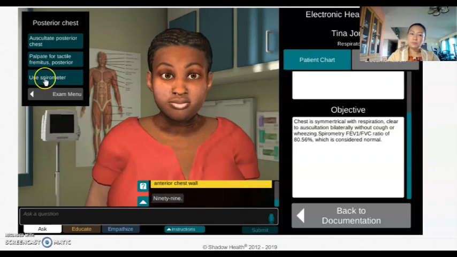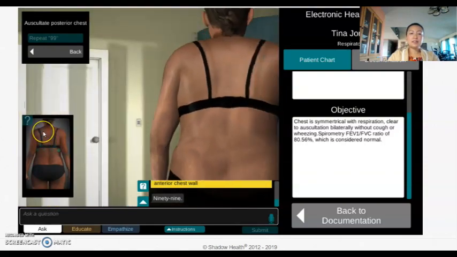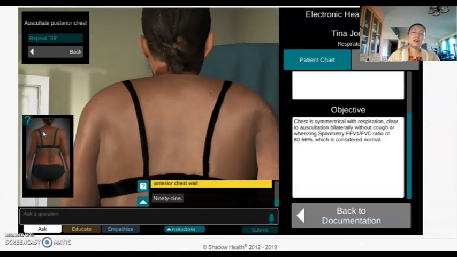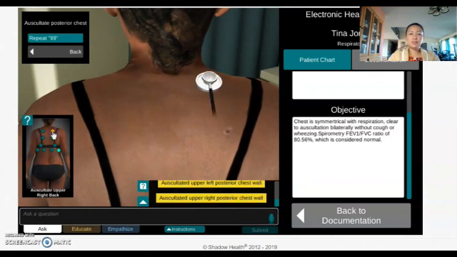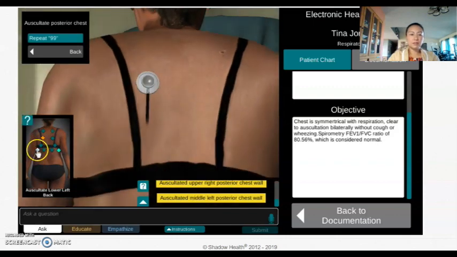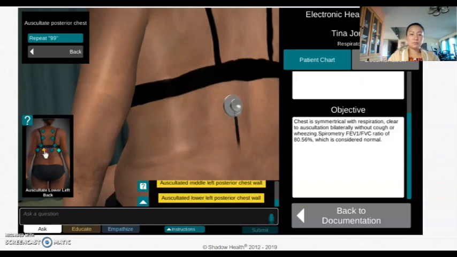Okay, moving to the posterior chest, I am going to auscultate the lungs, starting at the left upper quadrant. Okay, and the right upper quadrant, I'm going to the mid-level and to the base of the lungs, which is the lower lobe.